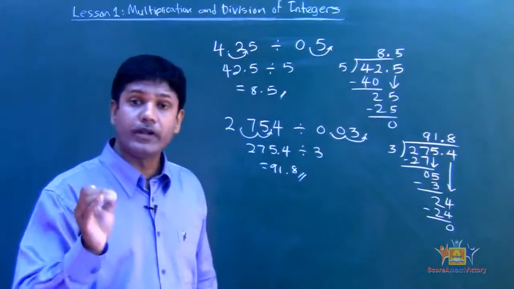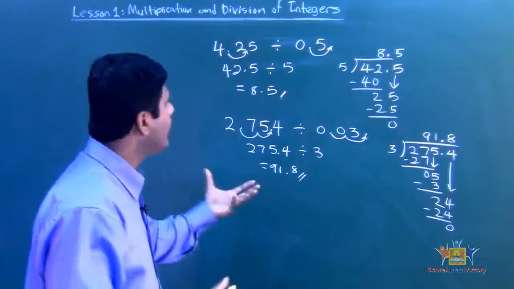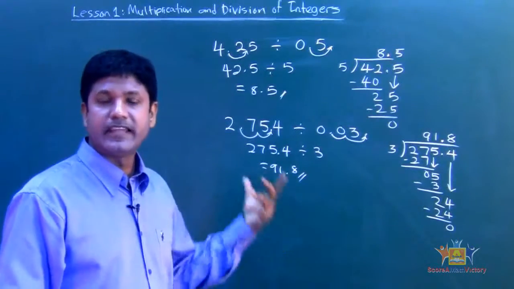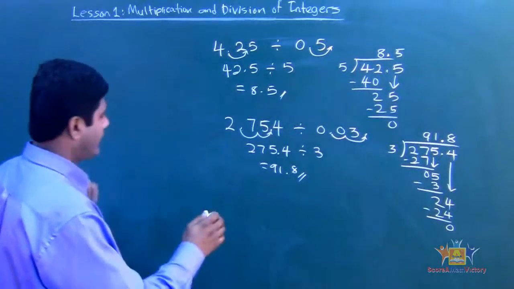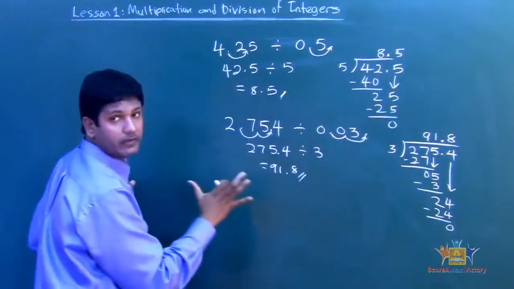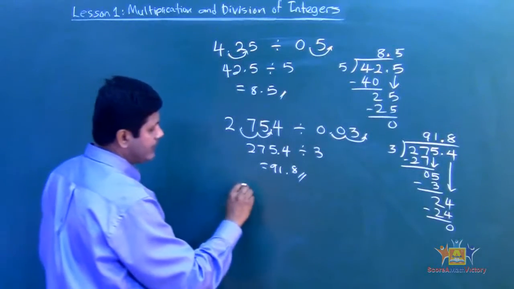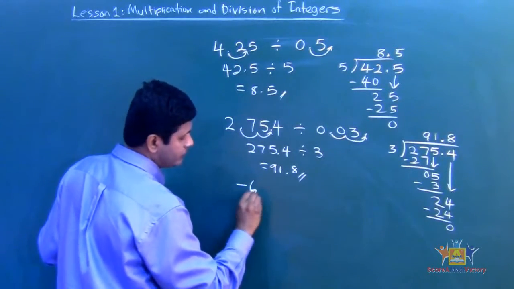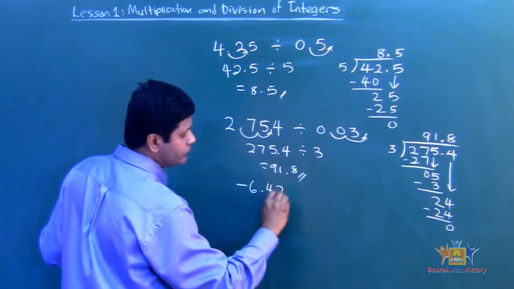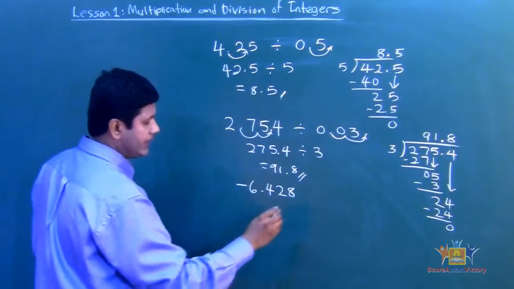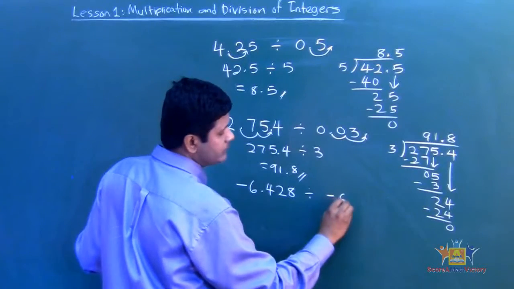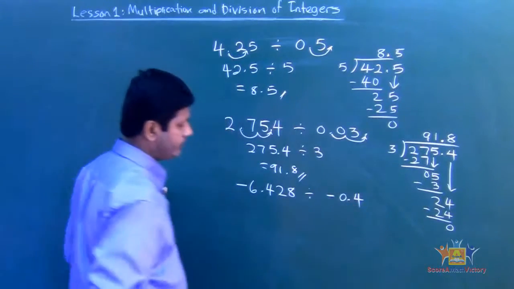For division only. Okay, now let's deal with negative numbers, negative decimals. Now you know how to solve division. Let's say I give you negative 6.428, and I'm going to divide that by negative 0.4.